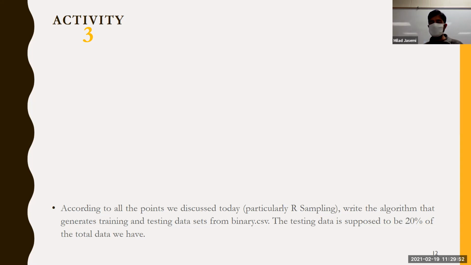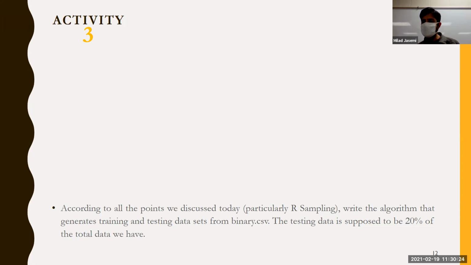You already have 400 cases, 400 observations. Out of these 400 observations, you want 80% random cases assigned to training and the remaining 20% assigned to testing.